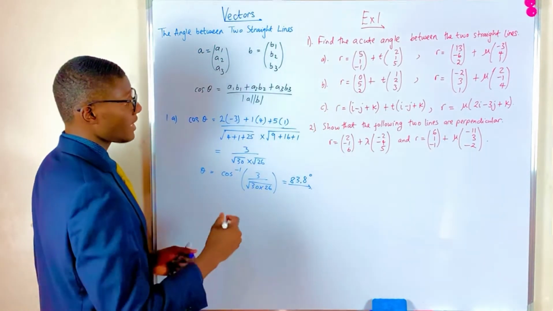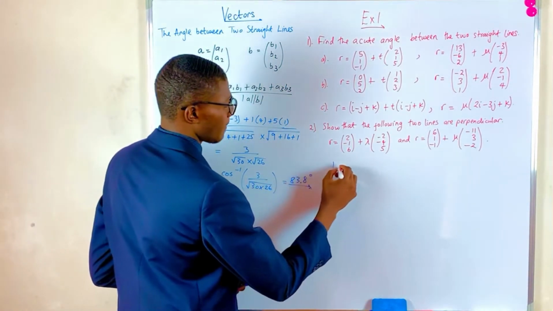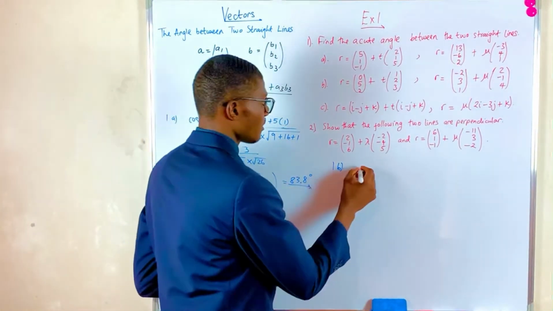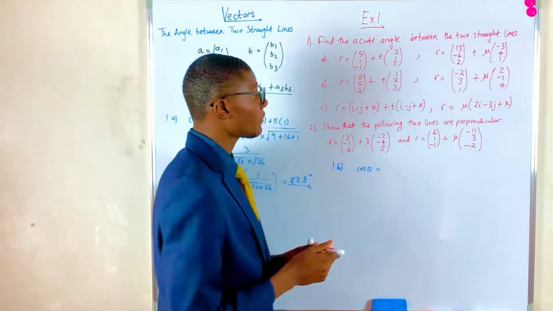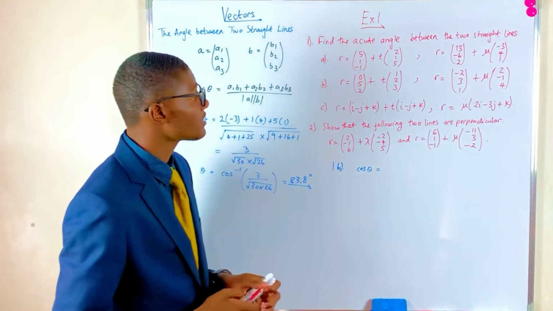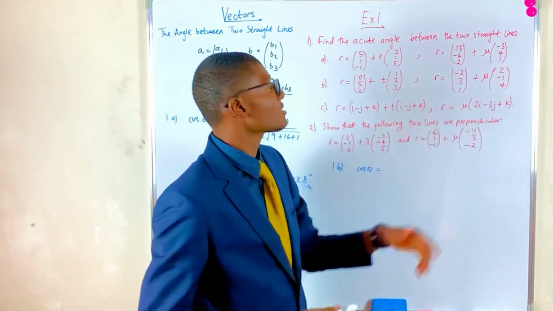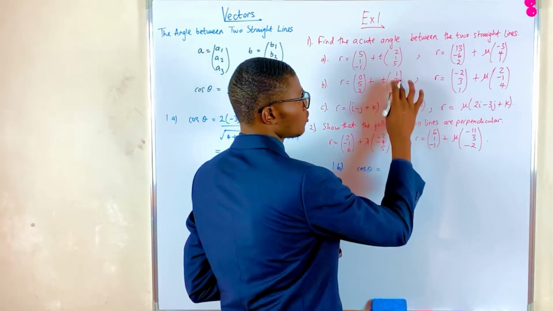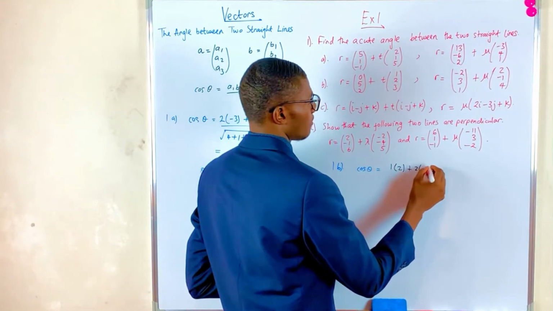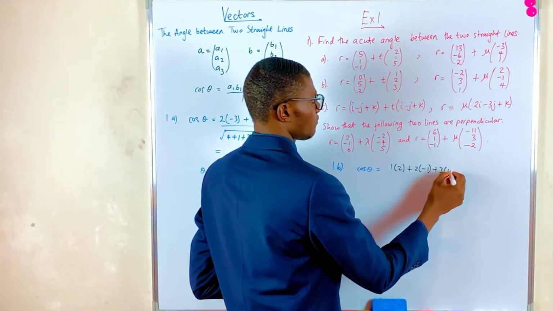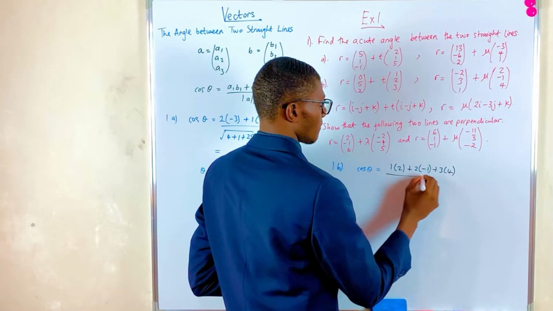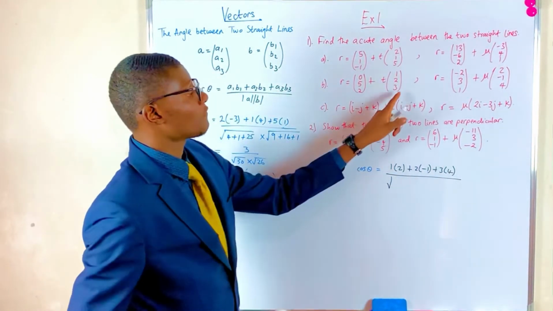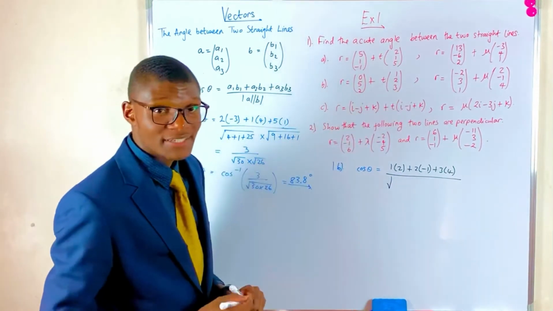And then for part B, 1B, we're doing the same thing. We're saying cos theta is equal to the scalar product of the two direction vectors. That's 1 times 2 plus 2 times minus 1, then plus 3 times 4, over the square root of, first of all, the magnitude of this direction vector, 1, 2, 3.